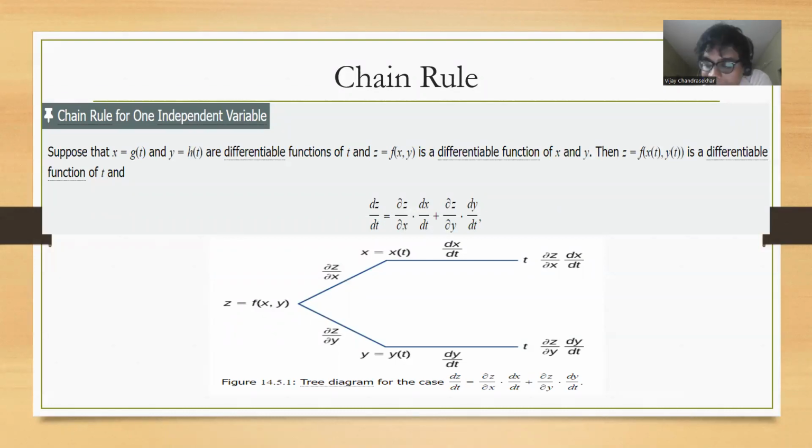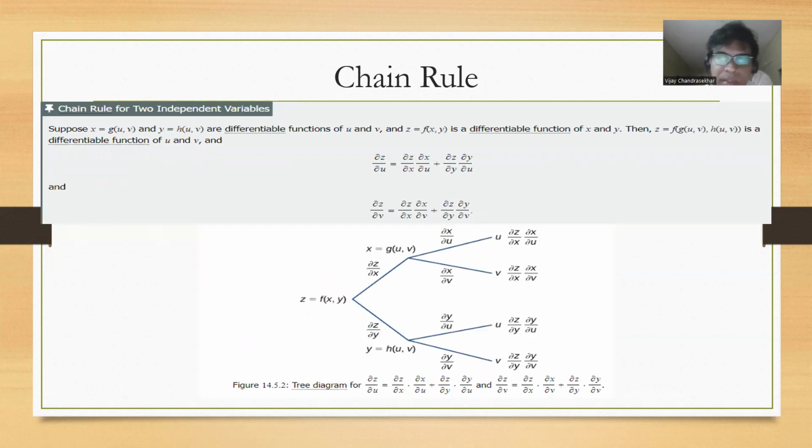Okay. Now let's do the next one. Here, what we have is two independent variables, U and V. Again, in the neural networks world, imagine a neural network node, and you get two inputs into that node, producing an output.